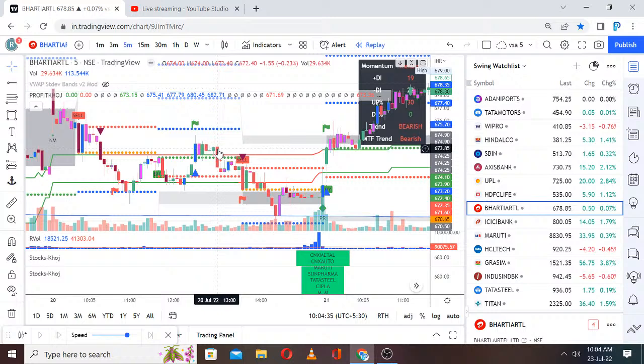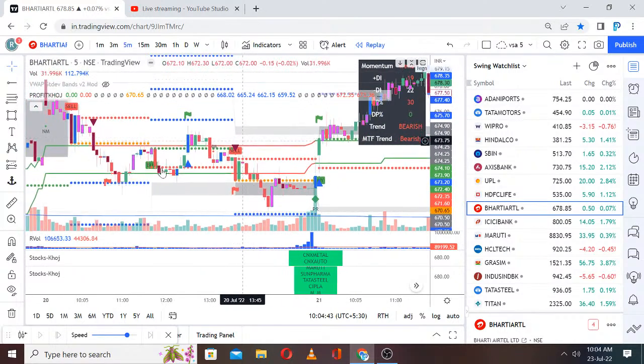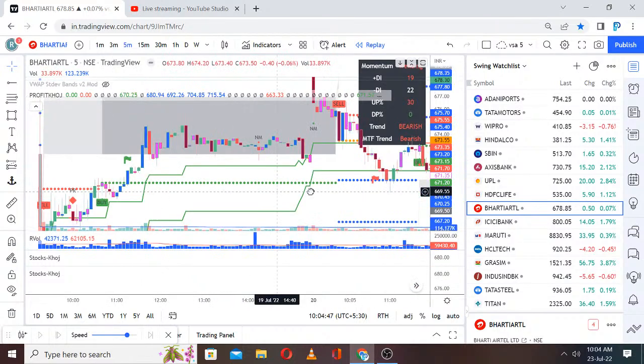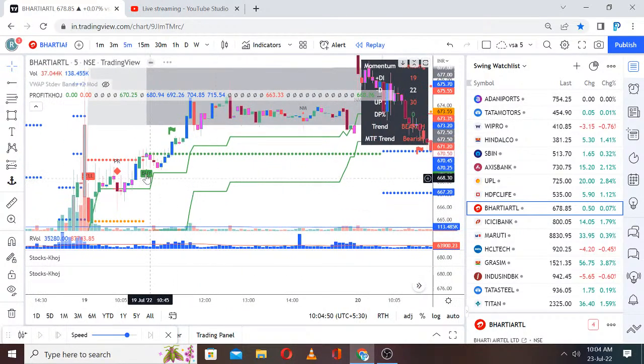If you wait here for some retracement, it will be good. See, this is a buy signal, retracement, and entry.